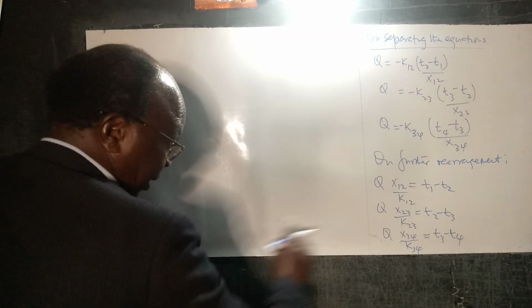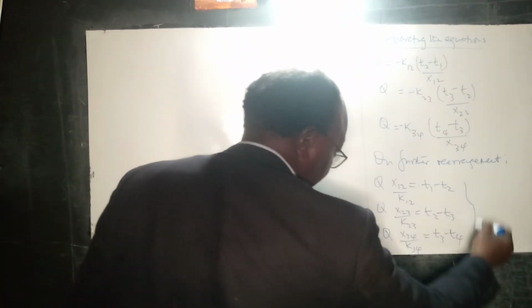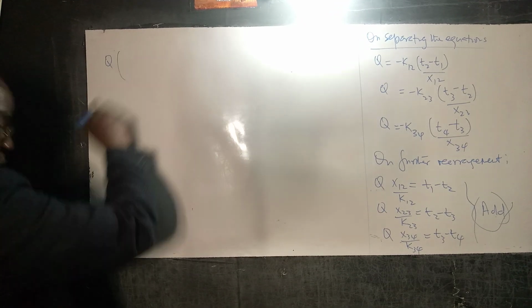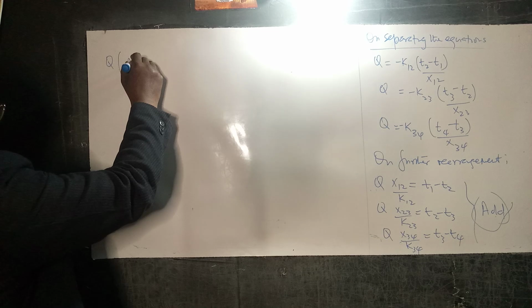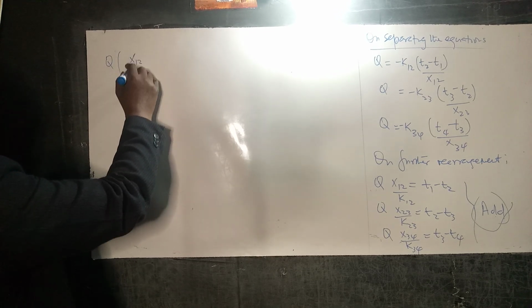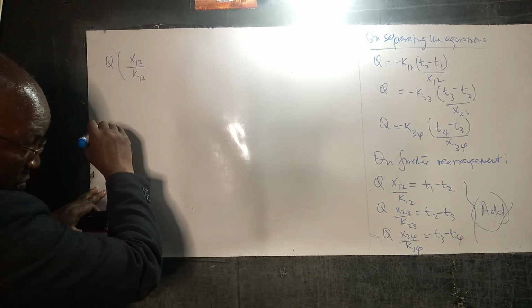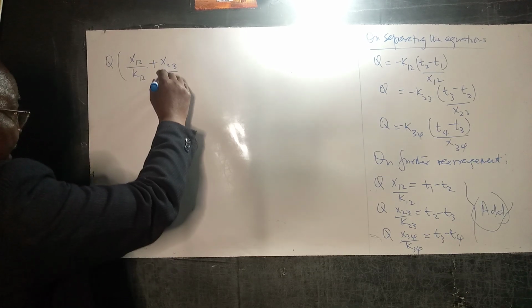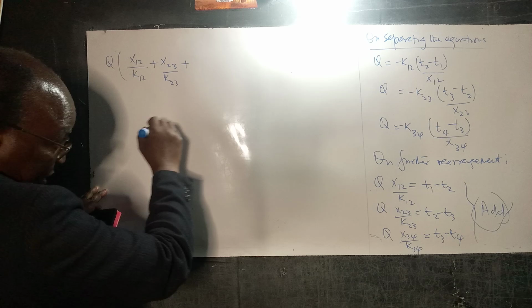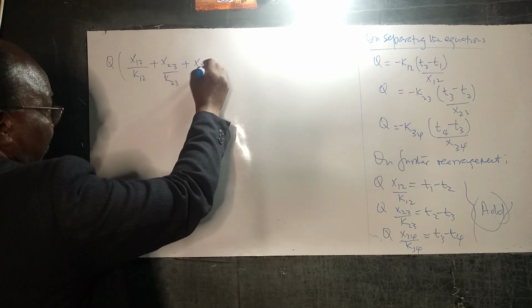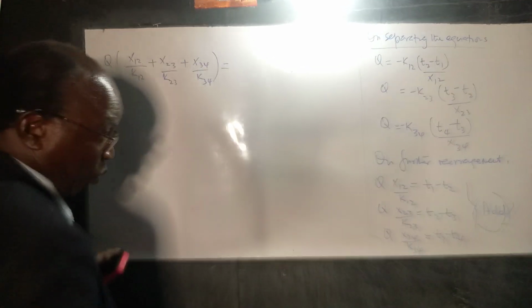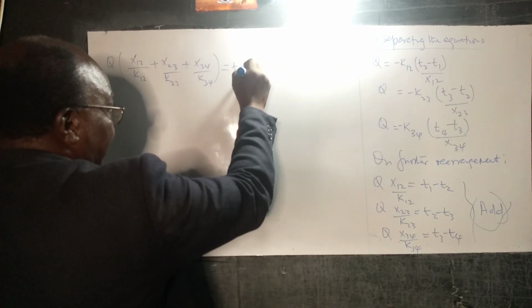So if we add these equations and factorize, then we'll have Q into X12 over K12 plus X23 over K23 plus X34 over K34 will be equal to T1 minus T2.